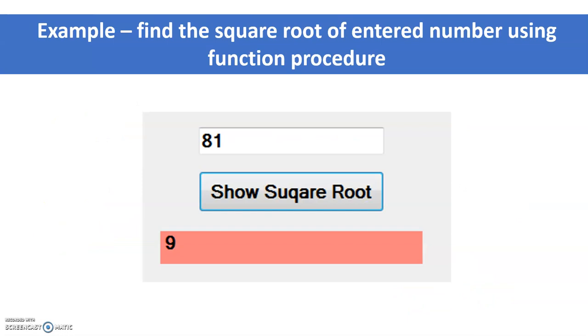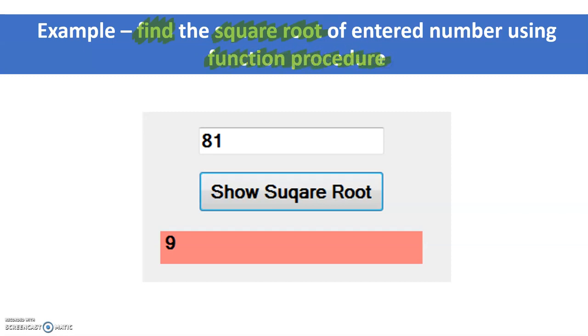Let's understand the concept of the procedure using this example. Our example is to find the square root of the entered number, and we will use the function procedure for that.